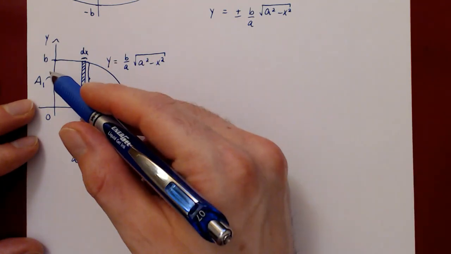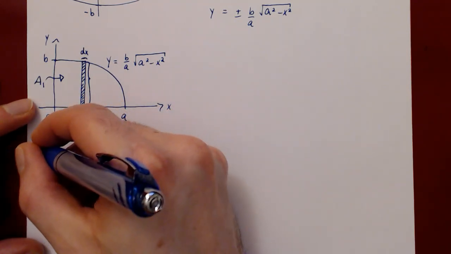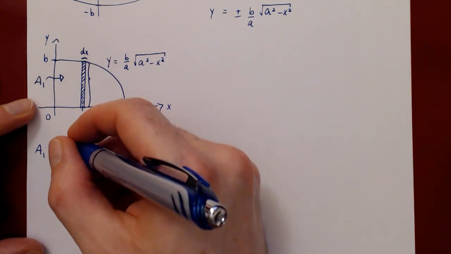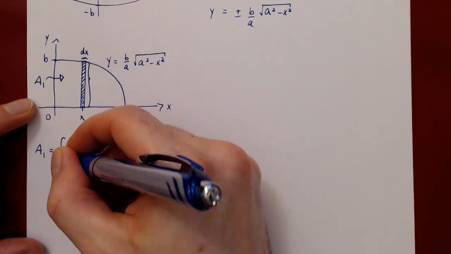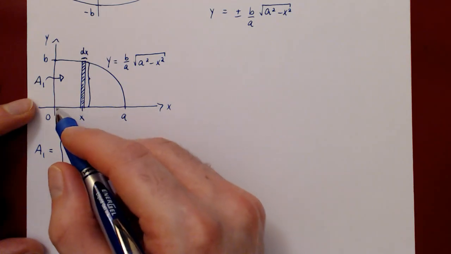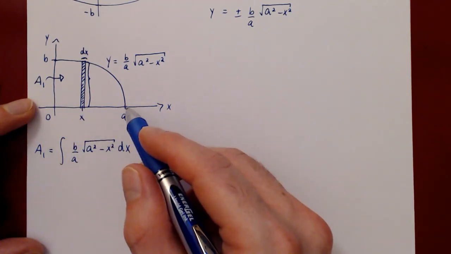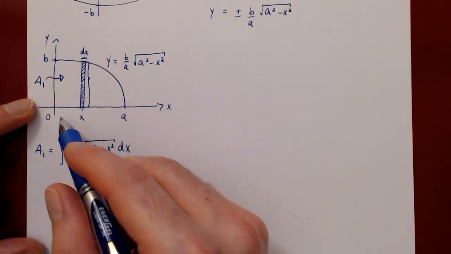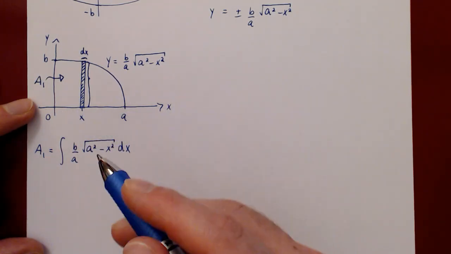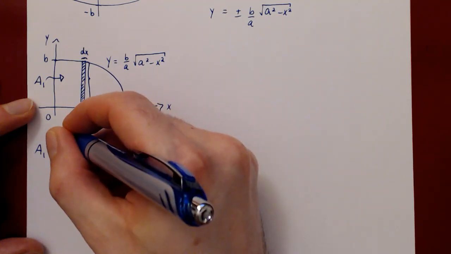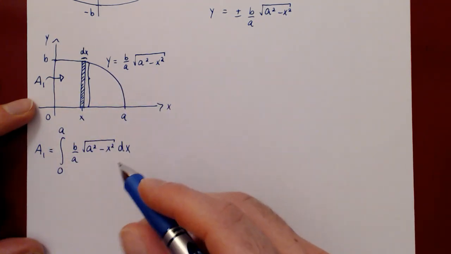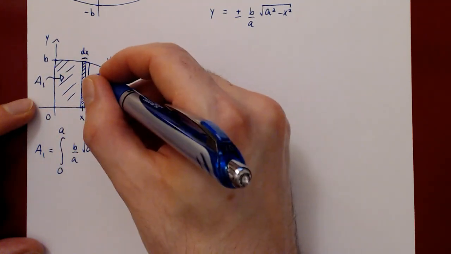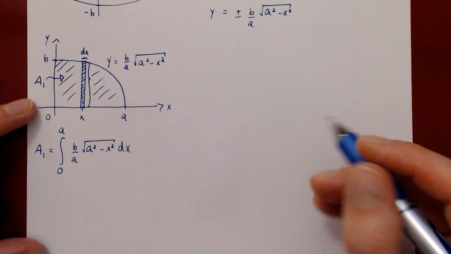To obtain the total area of this region, A1, we have to sum the area of all of these infinitesimal rectangles. So we have to integrate from where to where? From 0 to a. The span of the region along the x-axis. x starts at 0, goes all the way up to a. And this integral will give us the area of the entire region of the quarter piece of the ellipse.